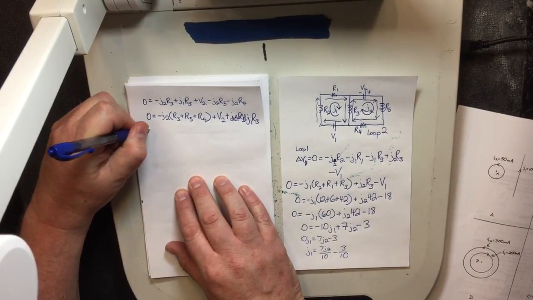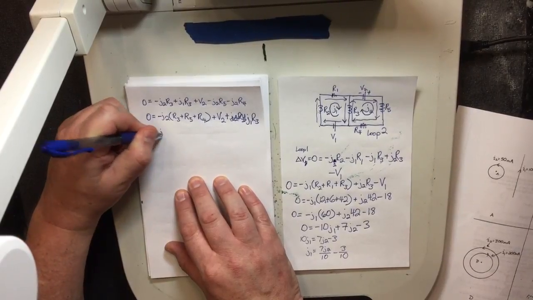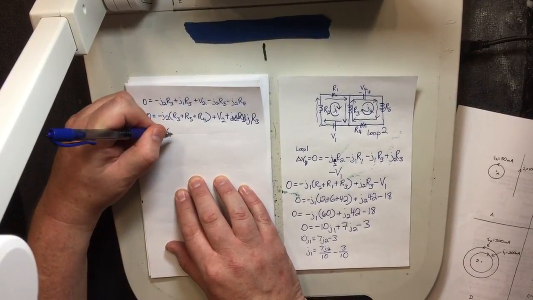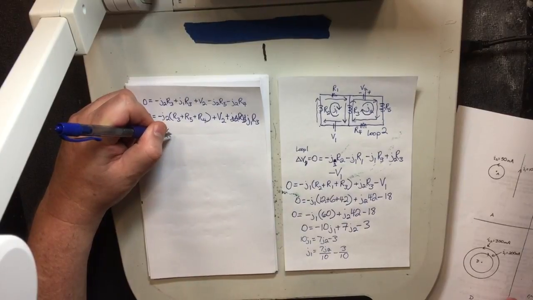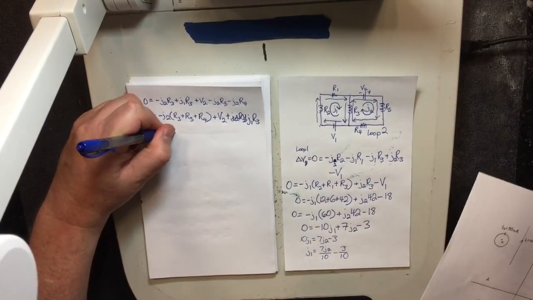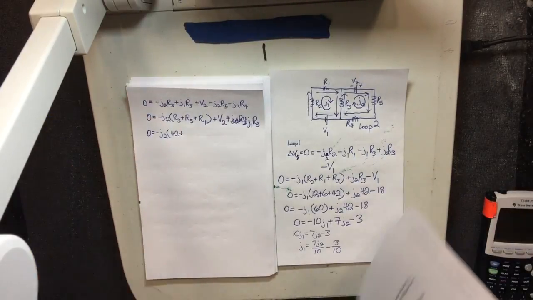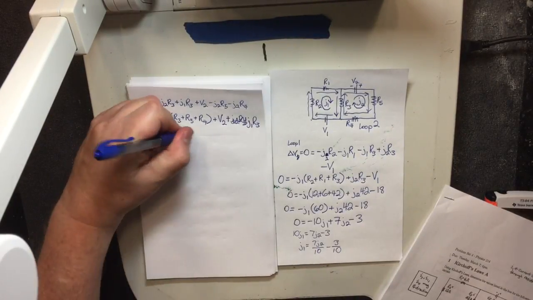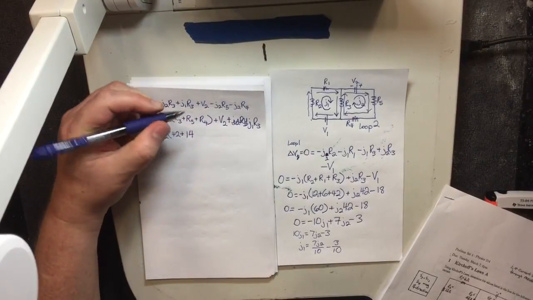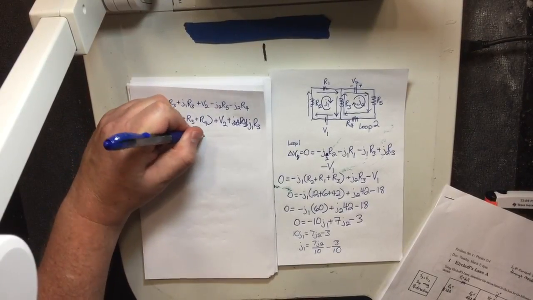Now, plug it in. R3 is 42, R5 is 14, R4 is 28.